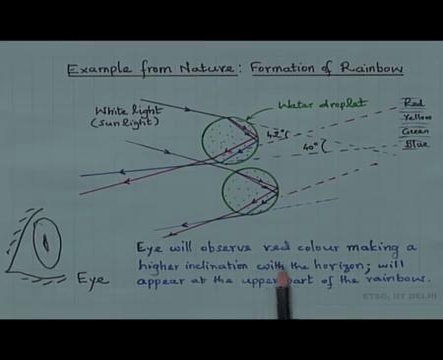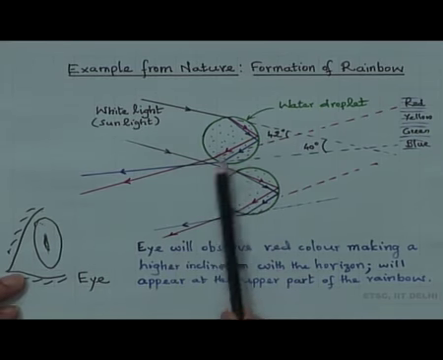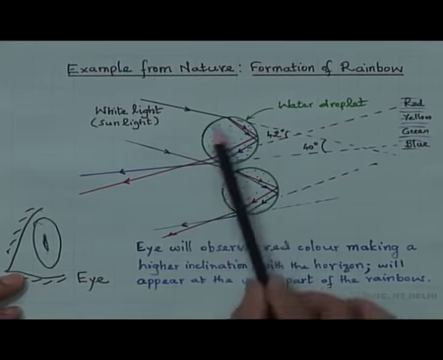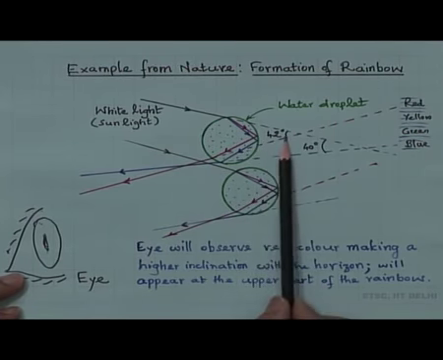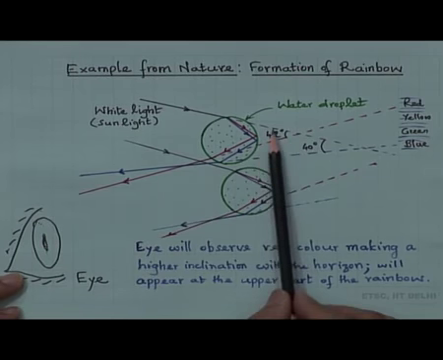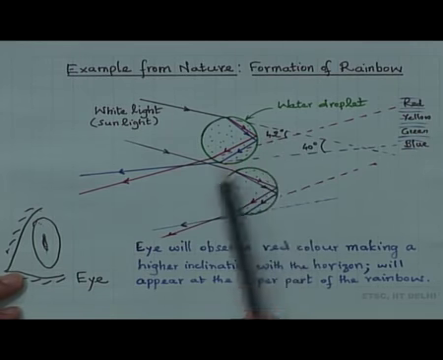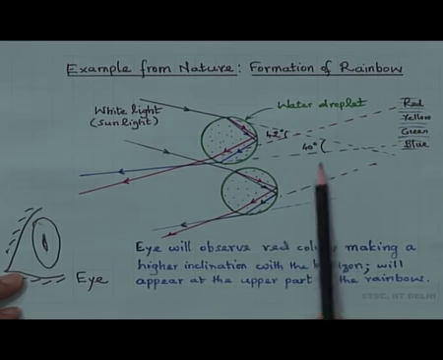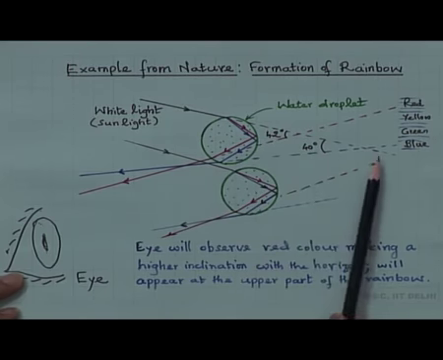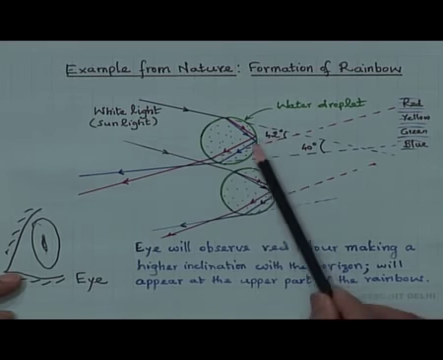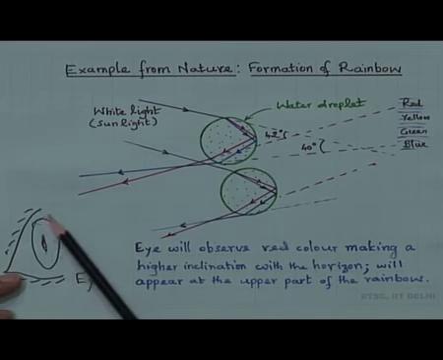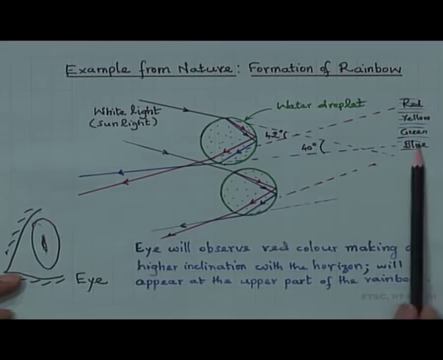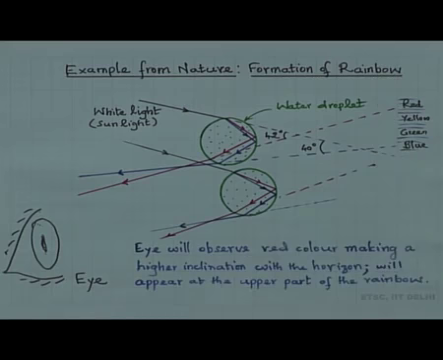Depending on the size of the water droplet, it can be shown that the red color has a net deviation of 42 degrees, while blue undergoes a deviation of 40 degrees. So, blue becomes more horizontal and red becomes more inclined, and when you see from here, red goes up and blue stays below in the sky. So, I will observe red color, making a higher inclination with the horizon, at the upper part of the rainbow.